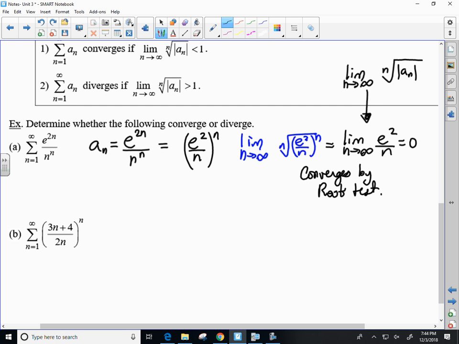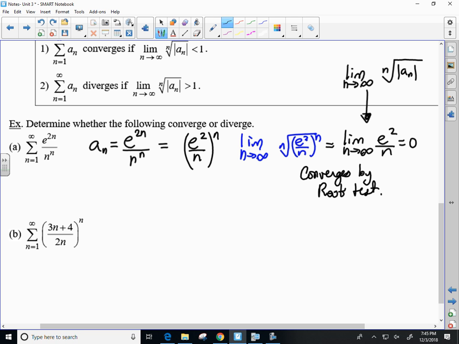Now, it's very important that you're aware of the conditions behind these tests. It's not like, oh, I'll just use the ratio test here. You don't use the ratio test if the root test applies; I can only use the root test if it applies. How do I know it applies? It's in this step, going from blue to black, that I know that it applies. Hopefully I know before that, but here it's confirmed.